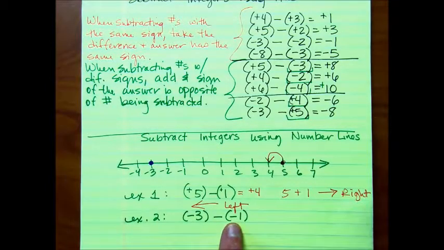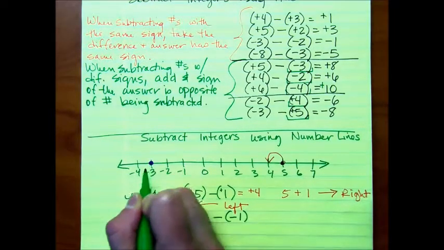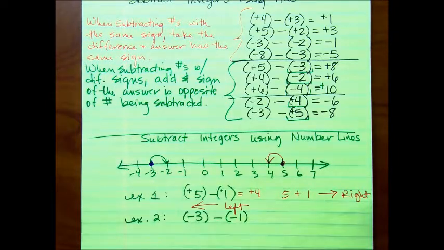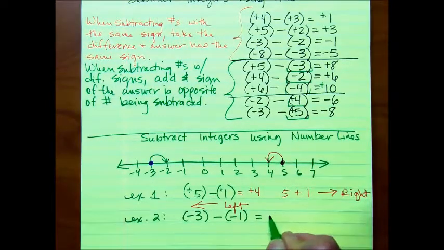But we're not taking away a positive number, we're taking away a negative number. And how you might want to read this is the opposite of negative 1. Well, the opposite of negative 1 is positive 1. And when I'm working with positives or adding, I'm moving to the right. So in this case, we're going to move to the right one place. Okay, and so our answer is going to be negative 2.